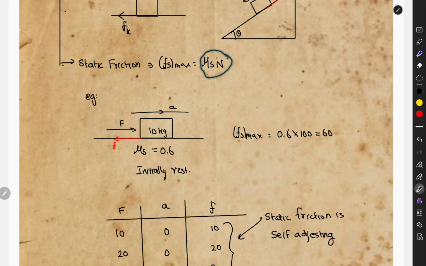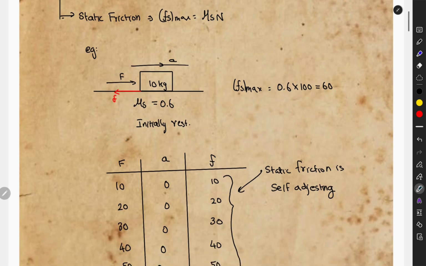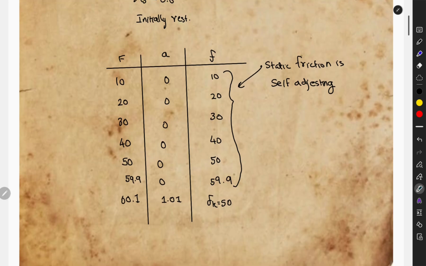For example, if you apply 20 newtons, which is less than 60 newtons, static friction will be applicable. So F won't be mu s N. No, that is wrong. Instead, it will be 20 newton. It can be up to 60 newton, not above that.